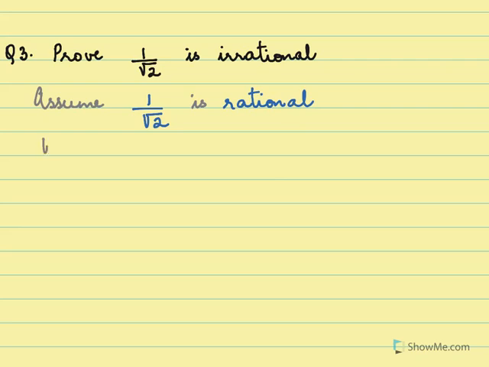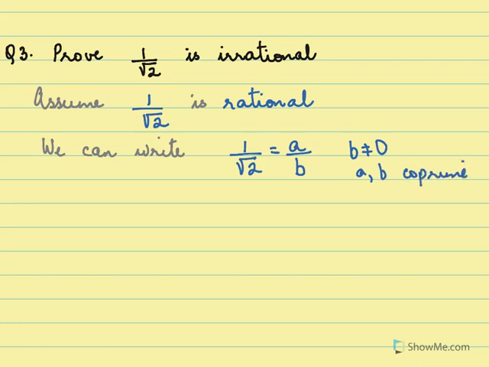And if it is rational, we can write 1 over under root 2 as a over b, where b not equal to 0 and a, b are co-prime. So we have 1 over under root 2 equal to a over b.